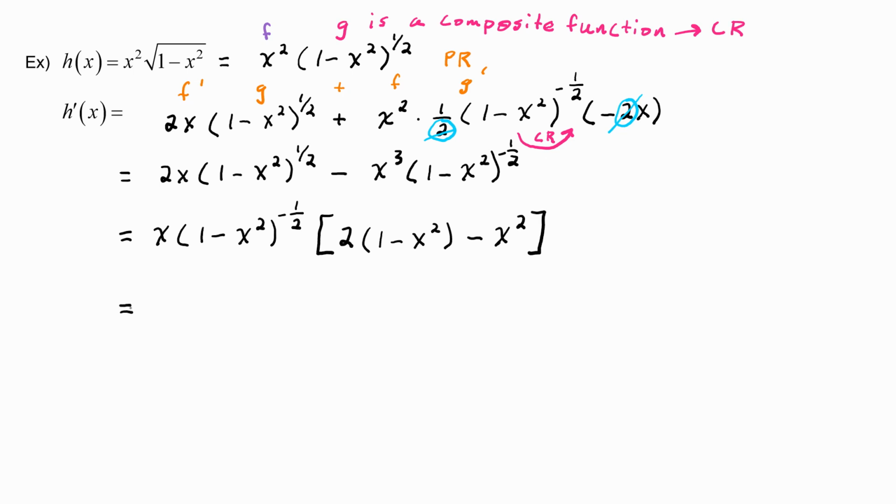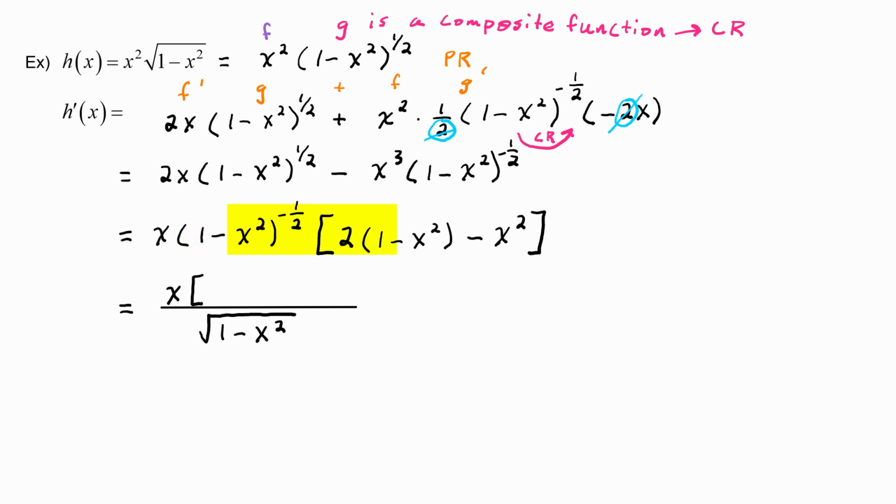Continuing to simplify, we've got this x in the numerator. We've got this 1 minus x squared to the negative half, so it will need to go to the denominator, and I will write it as radical 1 minus x squared, or of course you can write it as 1 minus x squared raised up to the positive 1/2 there.